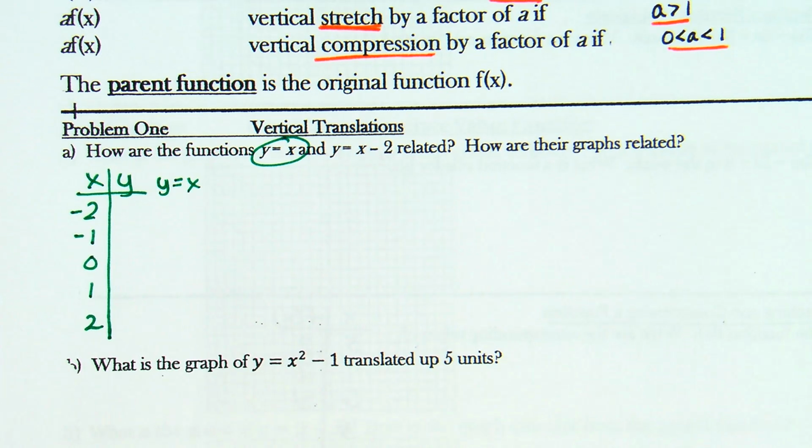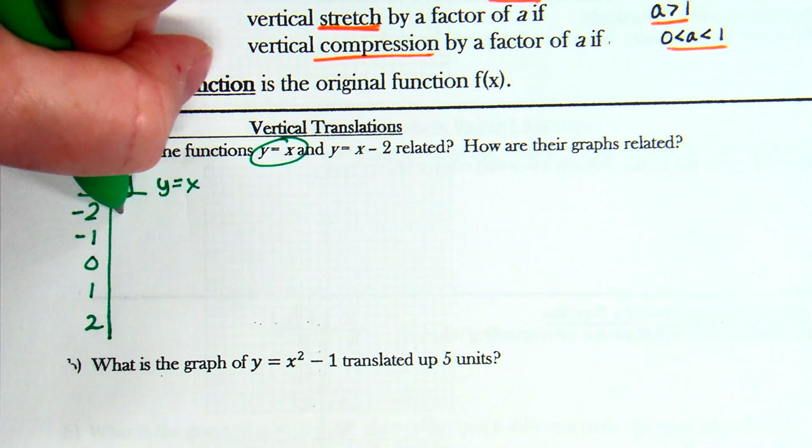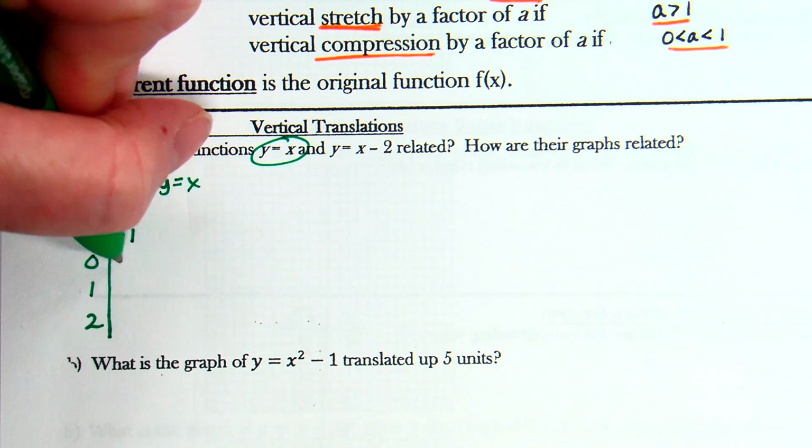If x is -2, y is what? -2, because it said y equals x. If x is -1, y is -1. 0, 0, 1, 1, 2, 2. Because the equation was y equals x, my x's and y's are always the same.